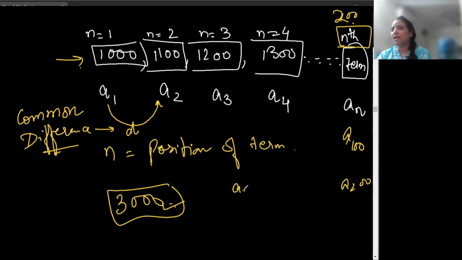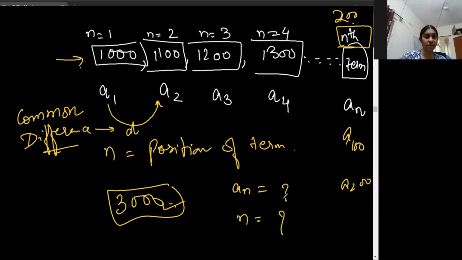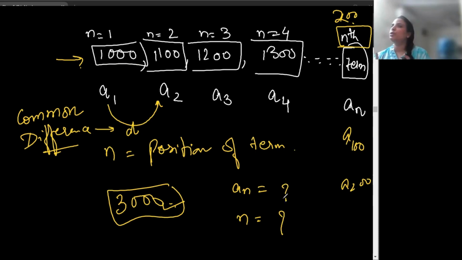Is it an or is it n? Ma'am, n. I have told you that 3000 is one term in this AP. It is not the position of the term. I have not told you at what position 3000 is coming. 3000 is the term here.